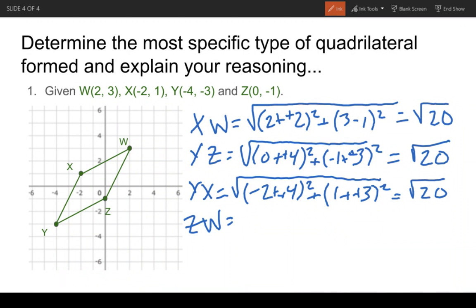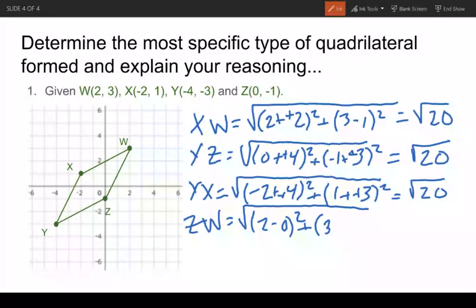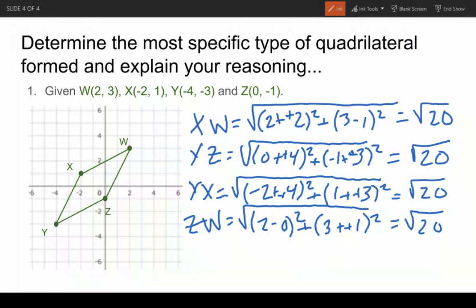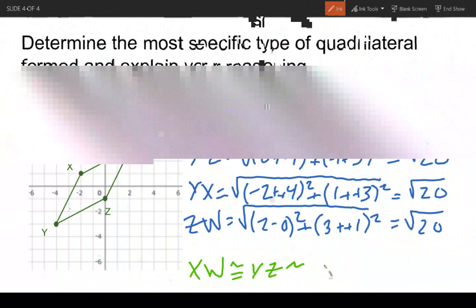So there we have the square root of (2 minus 0) squared plus (3 minus a negative 1) squared, which also gives us the square root of 20. So now from there we can say that XW is congruent to YZ, is congruent to YX, is congruent to ZW.